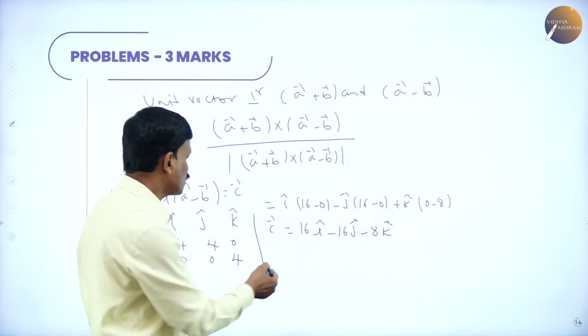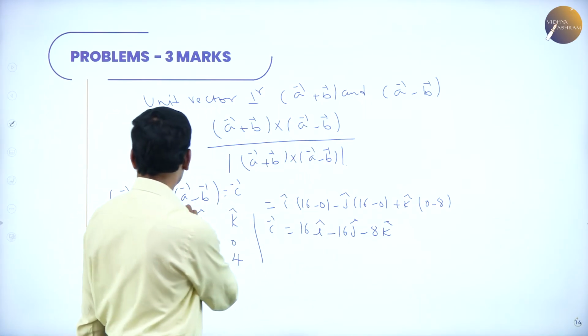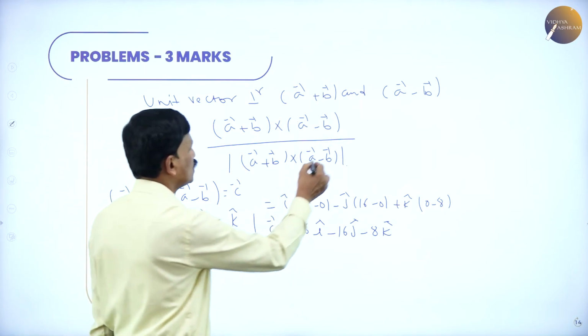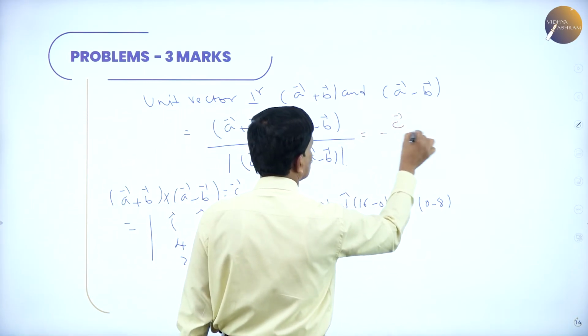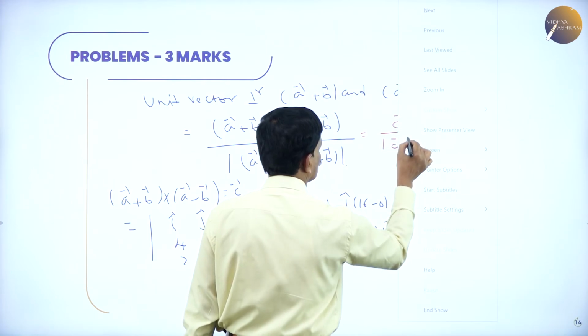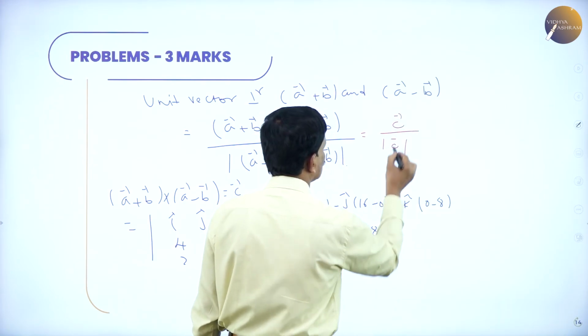Suppose I call this a plus b cross a minus b as vector c. Then we can write the unit vector in shortest form as vector c divided by its own length.